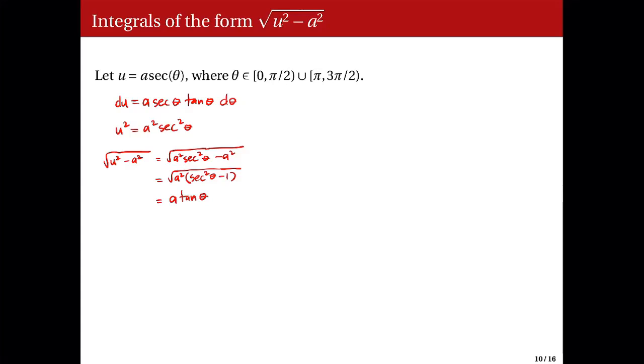For this, we don't have to put absolute values because the value of tangent theta in this interval is always positive. So again, if you see the form square root of u squared minus a squared, you use this substitution.